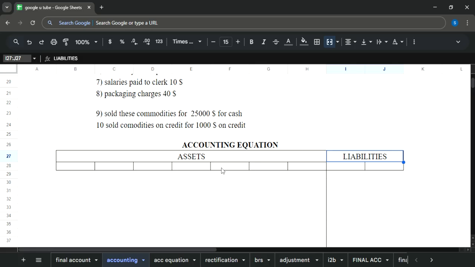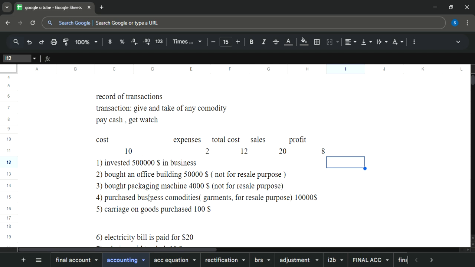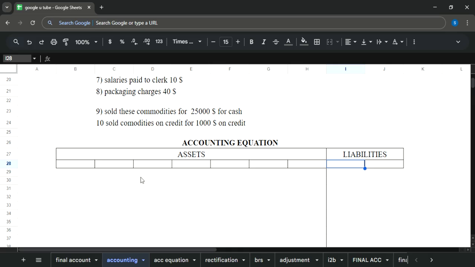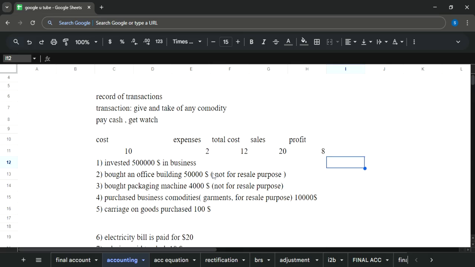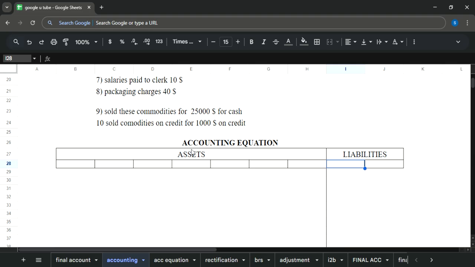If you have bought a binding machine or packaging machine in our transactions, you have seen we bought a packaging machine. It means this packaging machine is favorable for you. It would give a lot of benefits in the business, and since it is favorable, this packaging machine would be considered your favorable element, and that would be your asset.